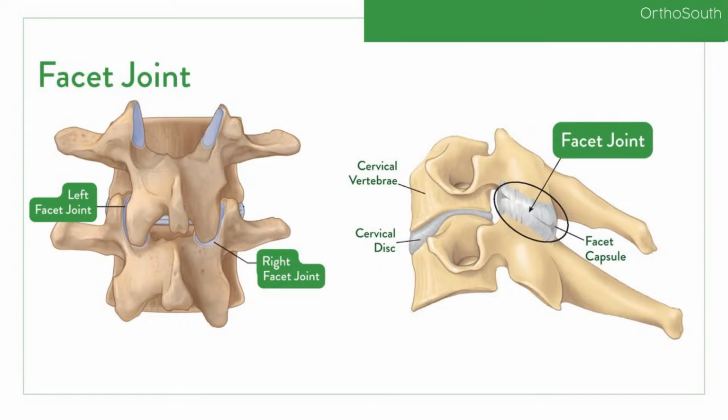Most folks know that there is cartilage in those joints, and cartilage is like the shock absorber that allows them to glide and move without pain. When the cartilage of a joint gets worn out, it can cause pain. These facet joints are much smaller than those other joints, the hip or the knee joint or the ankle joint or the shoulder joint. There is cartilage in all of those locations, but they are much larger joints, and there are not as many of those.